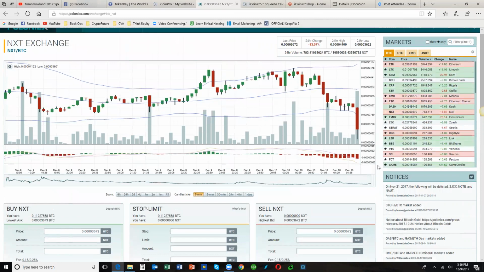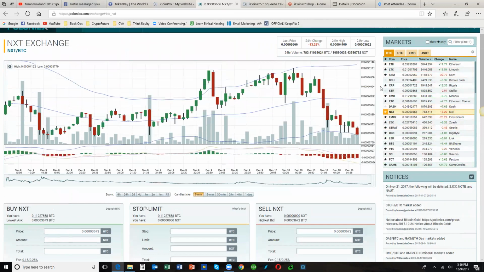There was a time with Ripple here. I was up 60%. I had turned about $1,000 into, I turned like 0.1 Bitcoin into like 0.3 Bitcoin in the matter of a day or two because I was holding Ripple.